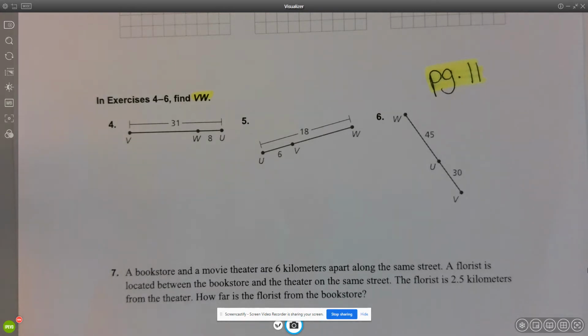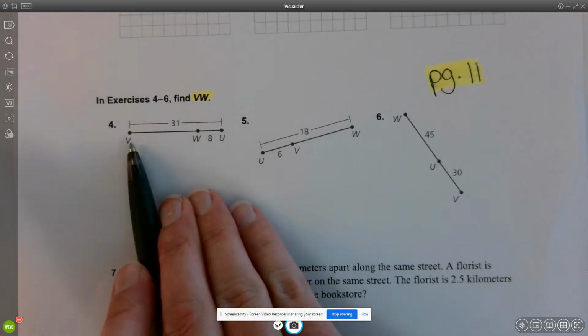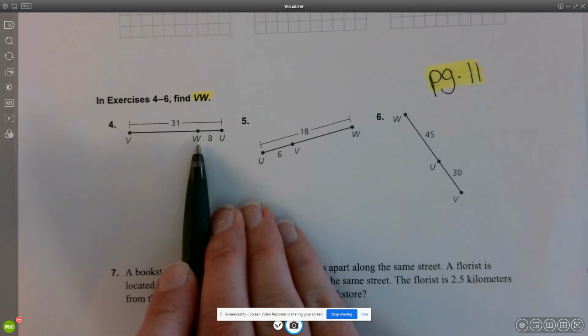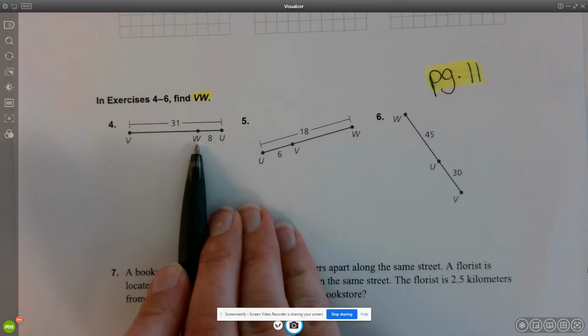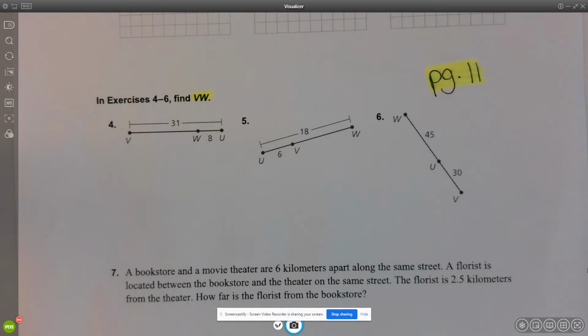In number 4, we have a line segment VU, and we know that its length is 31. And point W is in between V and U. And we know that WU has a length of 8. And so we're going to use this segment addition postulate to help us find the length of VW.